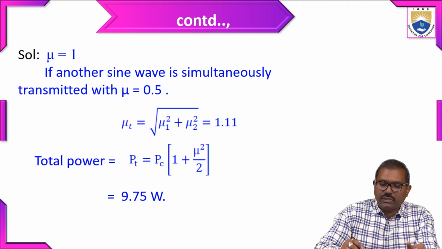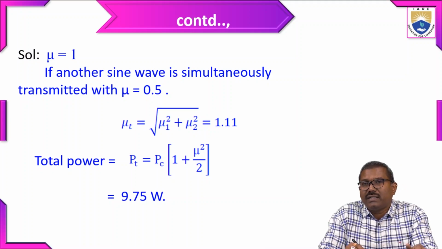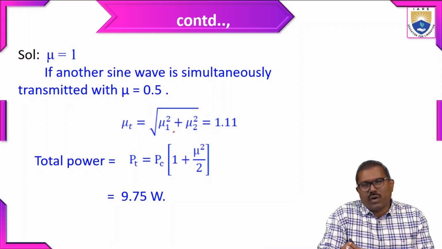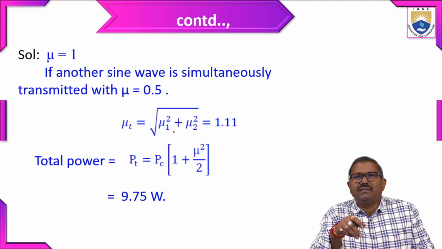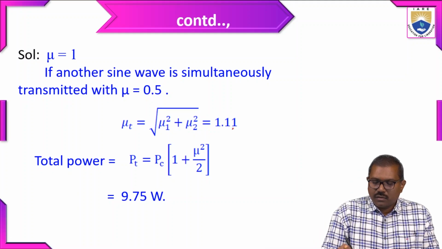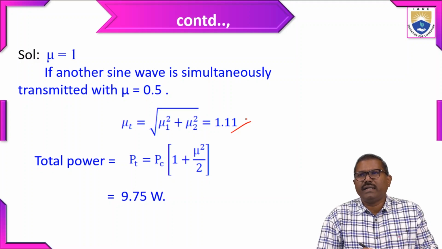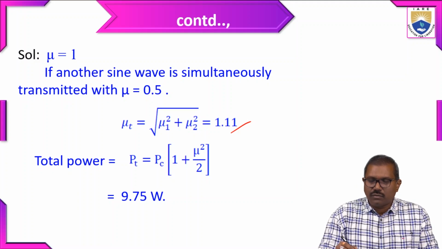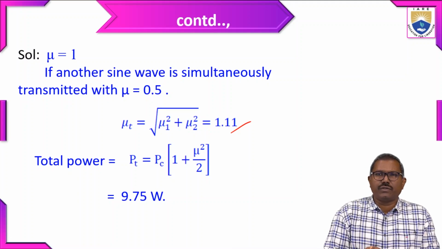Okay. So the formula is square root of mu1 square plus mu2 square. What is mu1? 1. 1 square plus 0.5 square, and this total is within the root. So finally you got mu t is 1.11. After getting this mu value, then you go to substitute.